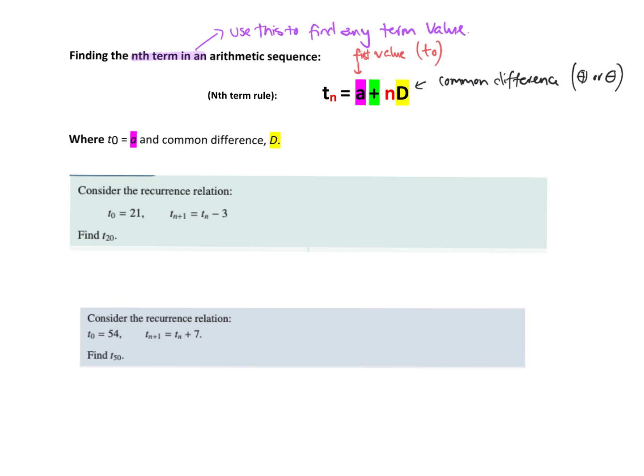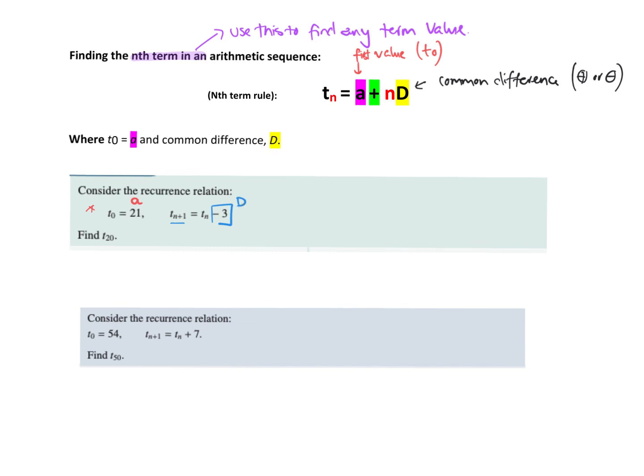So if you have a look here, we're going to set up the nth term formula. So down here it says consider the recurrence relation. So when they told me T0, I know that's A. And when they told me this is how you get the next term, I know that this part here is that D value, that common difference.